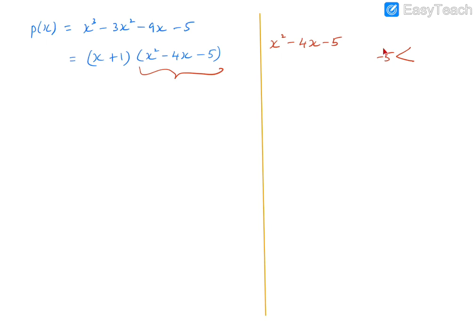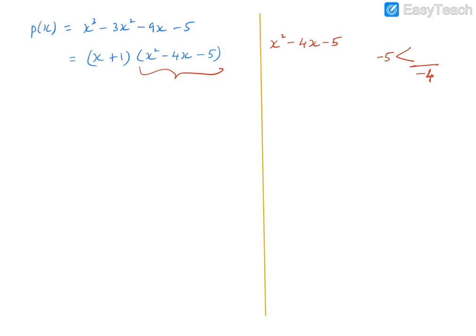So 1 into minus 5 is minus 5, and we need to get the sum as the middle term, which is minus 4. So what two numbers, if we multiply, will give us a product of minus 5, and when we add, will give us a sum of minus 4? The product should be minus 5 and the sum should be minus 4.